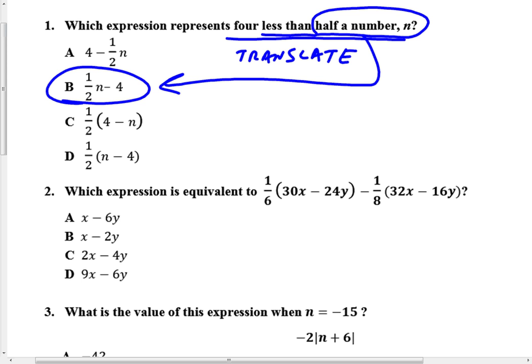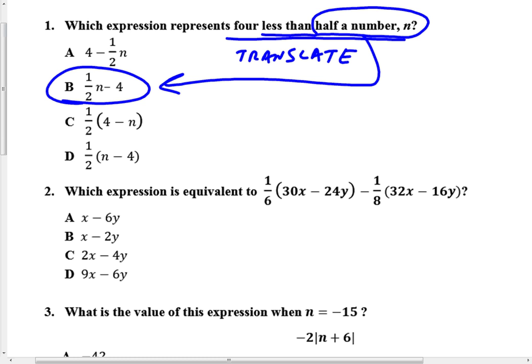So 4 doesn't come first. 4 comes second, the same way that 3 does not come first. 3 comes second. That's just a reminder that the phrase less than makes you switch the two ideas when you're translating. Is that fixable? That's an easy fix. Most of you just had it switched around.